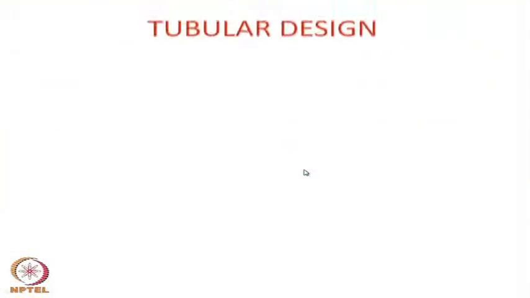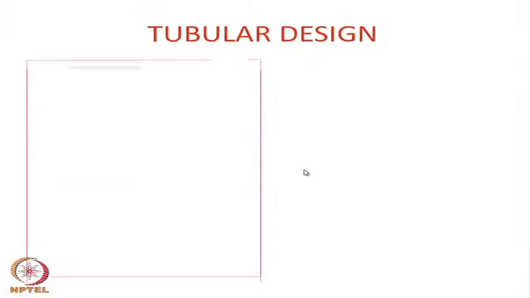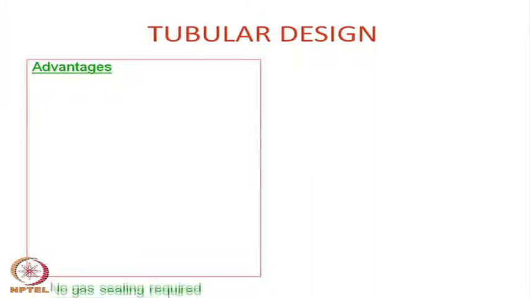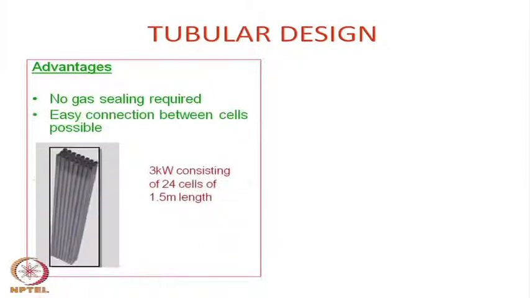With this background, let us go to the advantages and disadvantages of the two designs we have discussed so far. The tubular design advantages are like this. This is the typical stack, a large number of tubes, one end closed tubes.